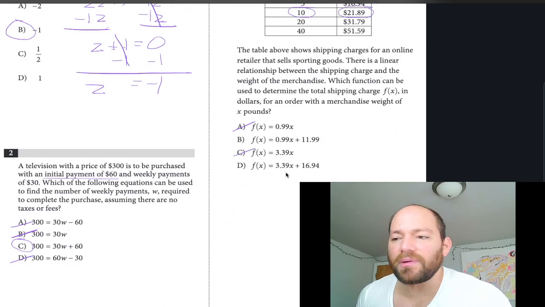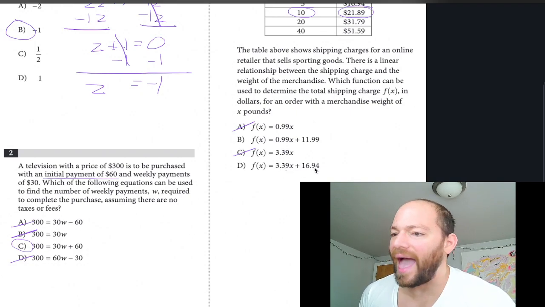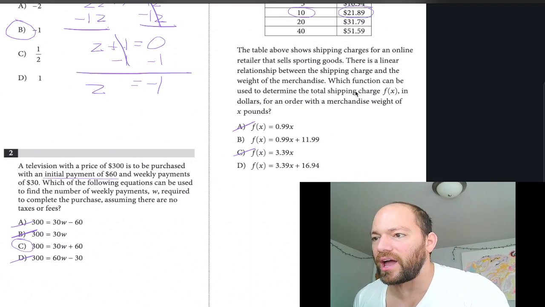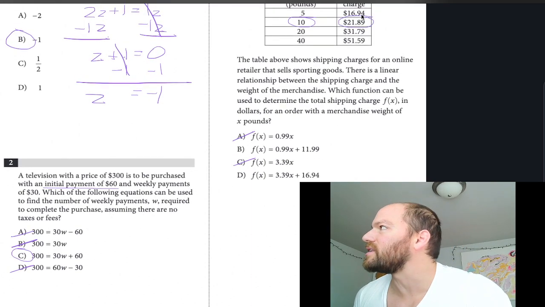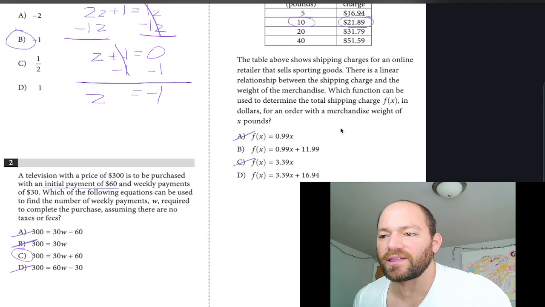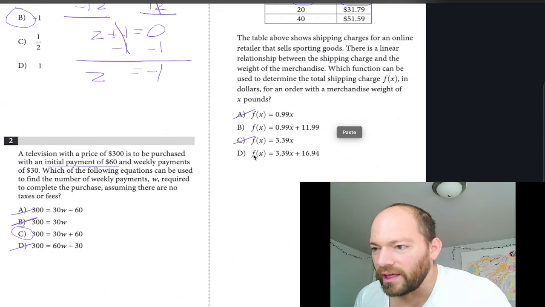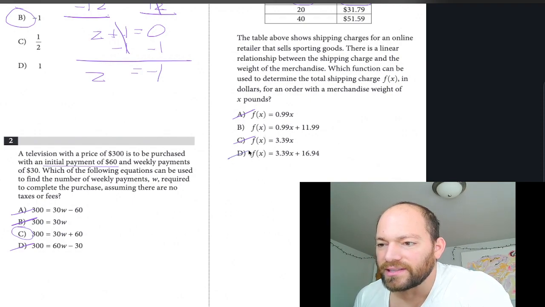And D is going to be even wronger than C, because D is going to take the 33.9 and add that 16.94. We would identify this as a trap answer, though, right? Because remember they tried to use that 16.94 up here to make it seem like that was the y-intercept? Whatever. So D's out as well.